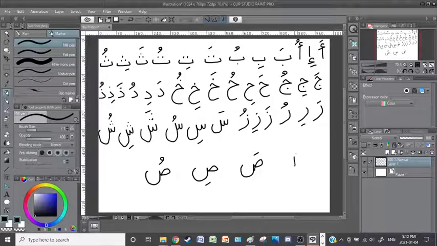People tend to transliterate sad as PS, except instead of having a silent P, it is actually indicating a heavy S or a heavy seen. Sad with a fatha is saw. I'll just write it there, but cross it out to remind you it's a heavy S. Sad with a fatha is saw.